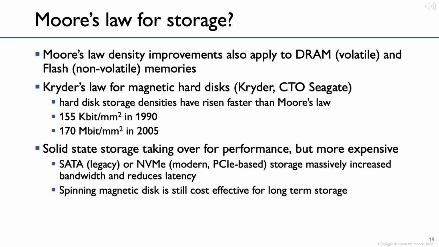So the actual density of bits on that magnetic storage platter. Nevertheless, despite the amazing improvements we've seen in hard disks, the actual power efficiency and low latency access time is really driving us towards solid state storage to get that performance and power efficiency.